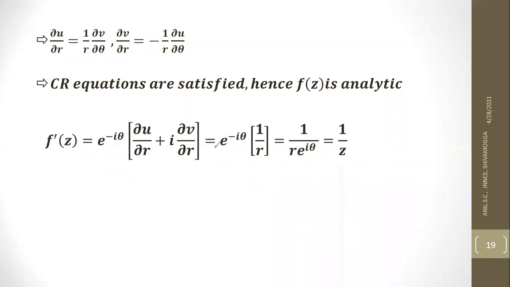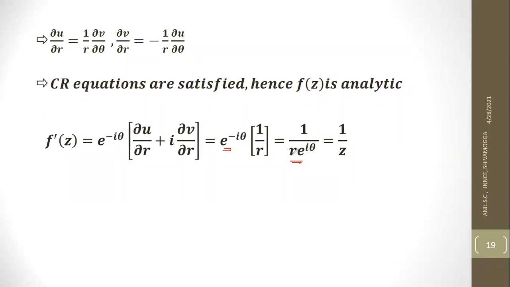Substitute e power minus i theta as this. Del u by del r is 1 by r plus i into del v by del r. Del v by del r is 0. 0 into anything is 0. Therefore, we get e power minus i theta into 1 by r. This is equal to 1 divided by, transferring this e power minus i theta to the denominator, r into e power i theta. And the polar form of a complex number is r into e power i theta itself.